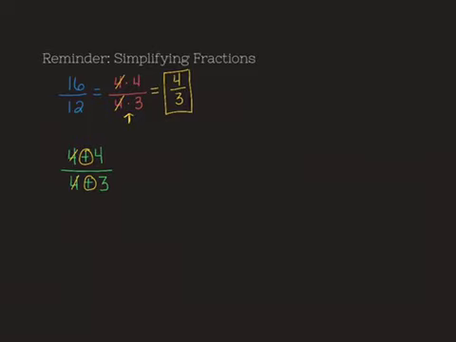If I did, I would be trying to say that 8/7, which is 4 plus 4 and 4 plus 3, is equal to 4/3, and these are clearly not equivalent fractions. So when I have multiplication here, addition here, I cannot cancel out any terms.